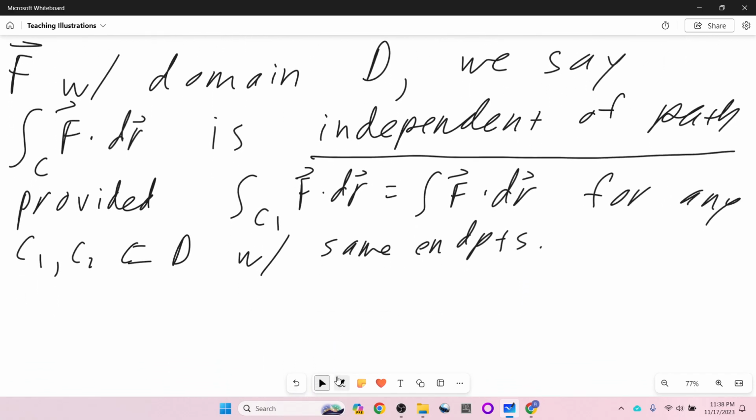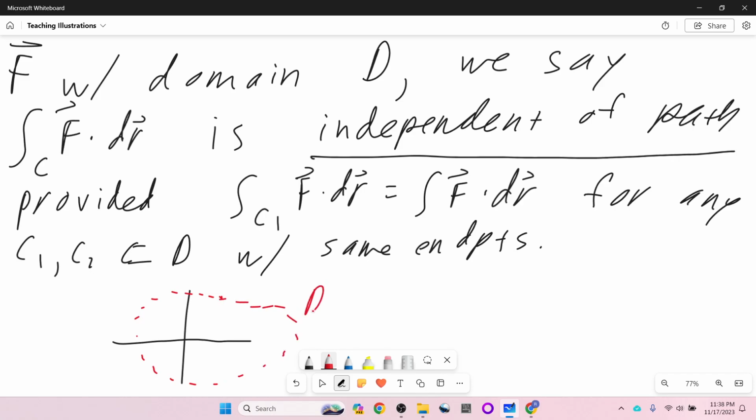So what does that mean? Well, a domain, and we'll just assume that this F is in, the domain is in R2, but it could be in R3. So I'll draw a big set like this.